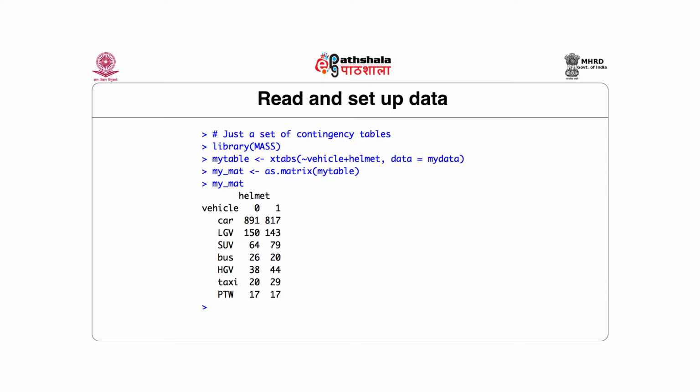And once you do this, then MASS has got a function called xtabs, which you can also read as crosstabs. So it helps you to do cross-tabulation of data. We have made the xtabs function before in that module where we were describing categorical data.